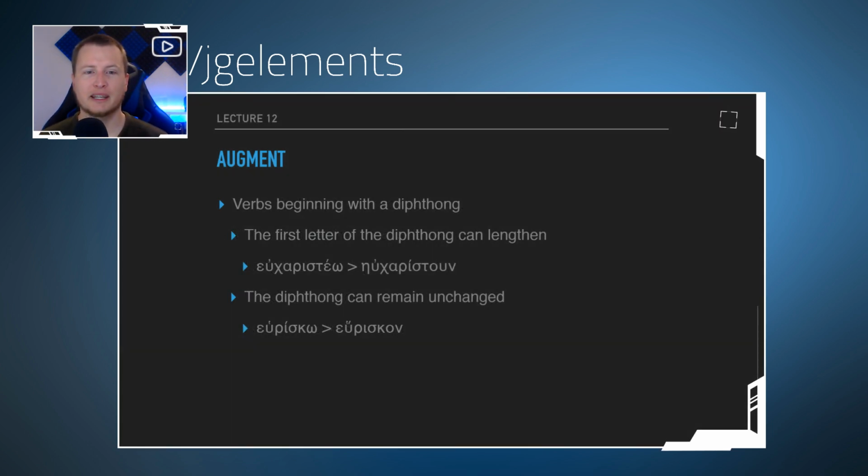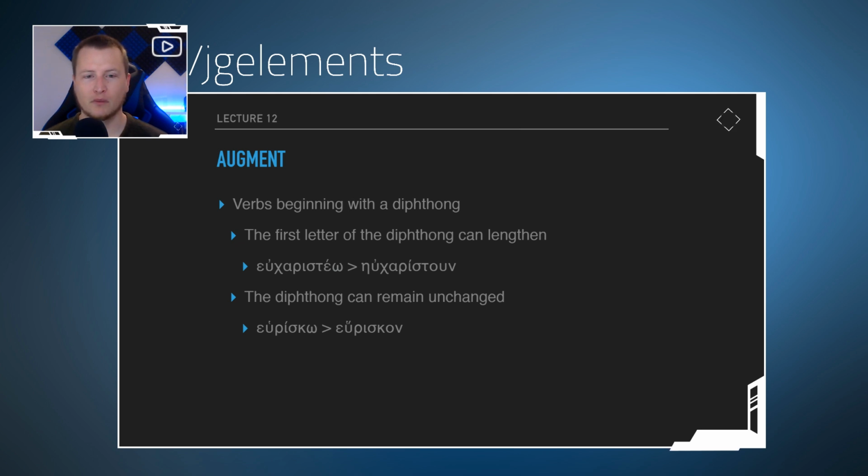So verbs beginning with a diphthong, the first letter of the diphthong can lengthen. So look at eucharisteo. Okay, that's an epsilon contract, but it begins with a diphthong. Epsilon, upsilon.